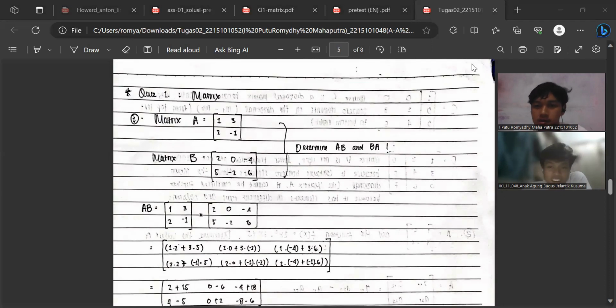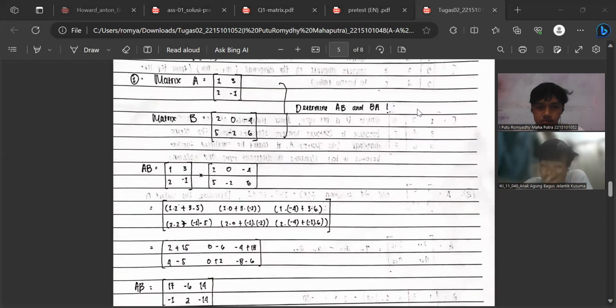So, this time I want to explain to you about the quiz one matrix. In this quiz, there are three problems.